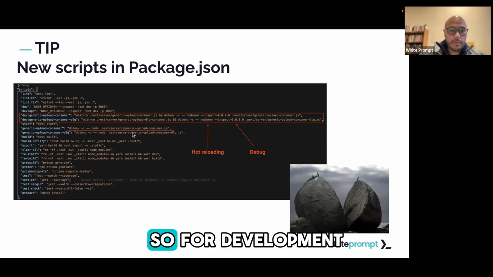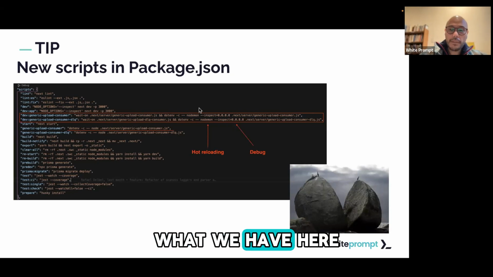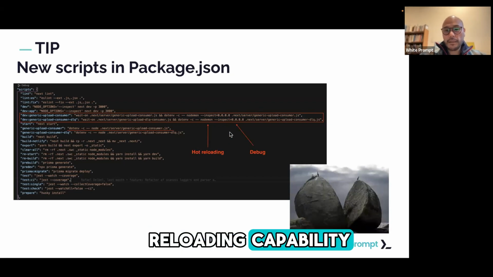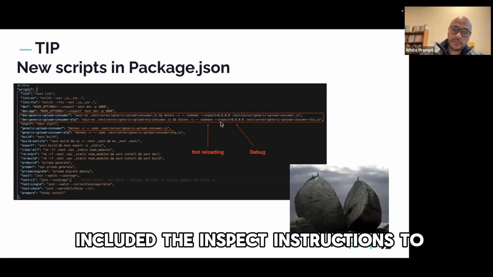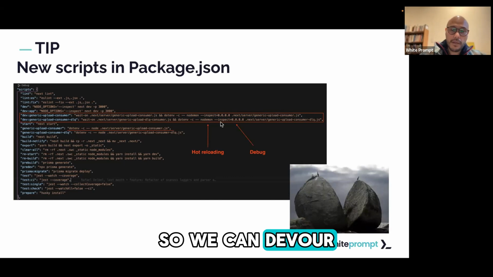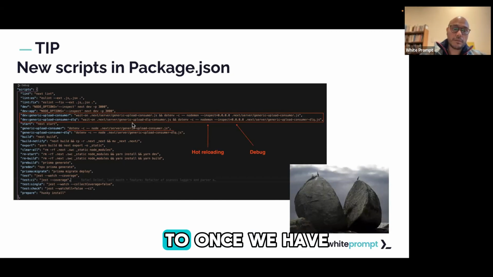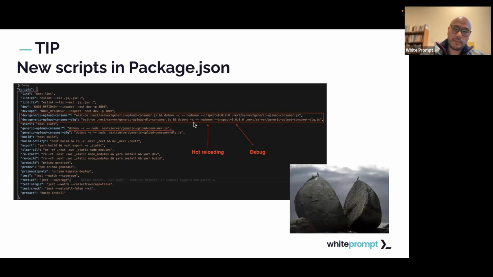For development we use nodemon instead of node, so we have hot reloading capability, and we also included the inspect flag so we can debug using Visual Studio. Then we are using wait-on, so once we have this file, we run the node daemon to refresh the consumer.